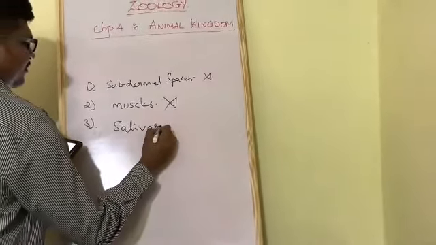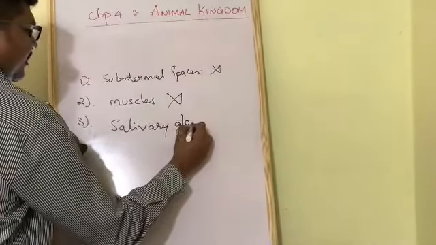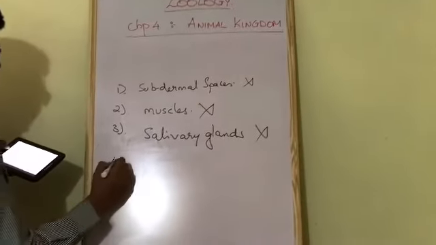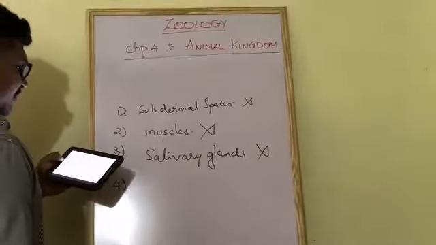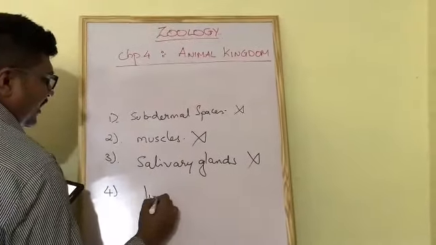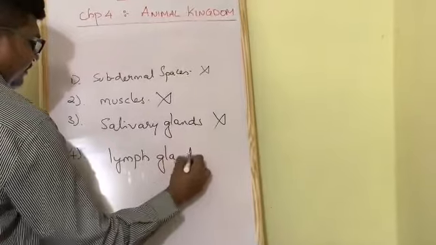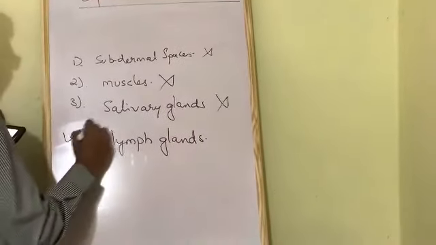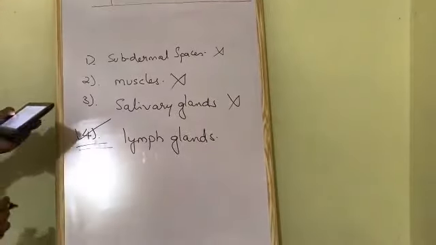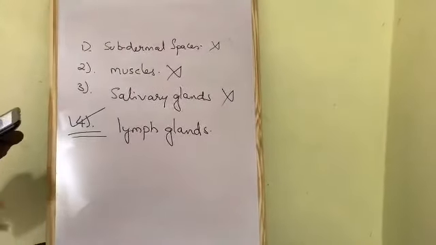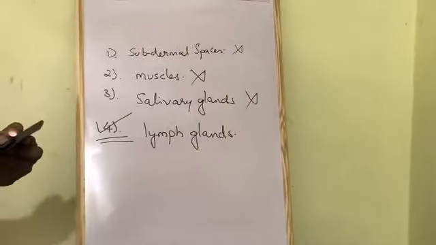Now again, Culex is the mosquito which we were talking about. Salivary glands, it cannot stay. Next is option number 4, which is human lymph glands, and this option is correct because Wuchereria bancrofti will live in the lymph glands of human beings. So question number 9, option number 4 is the correct option.